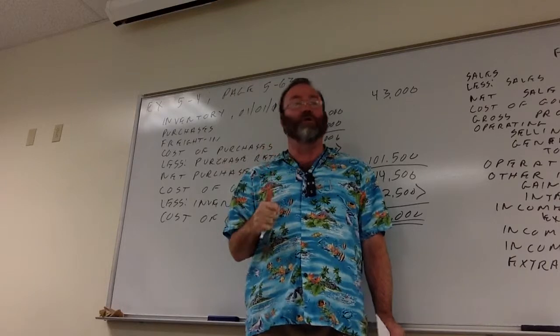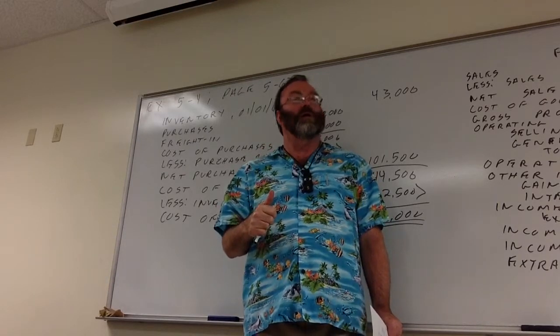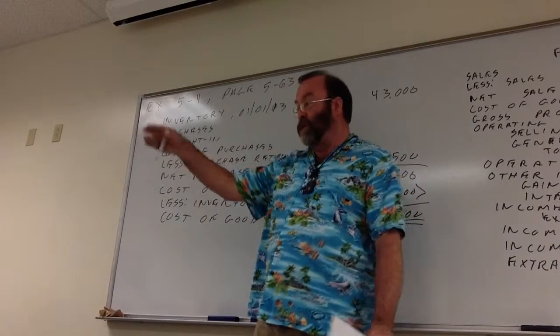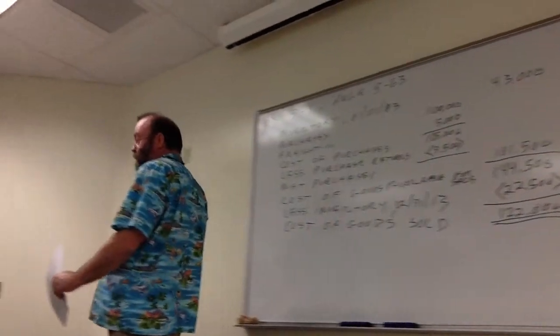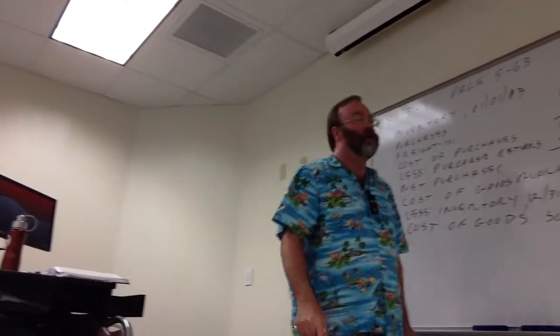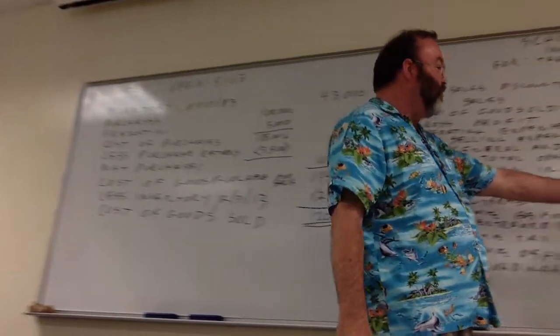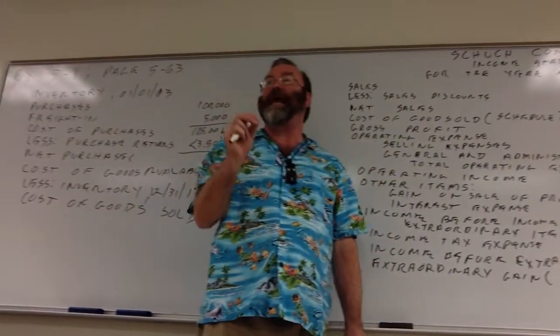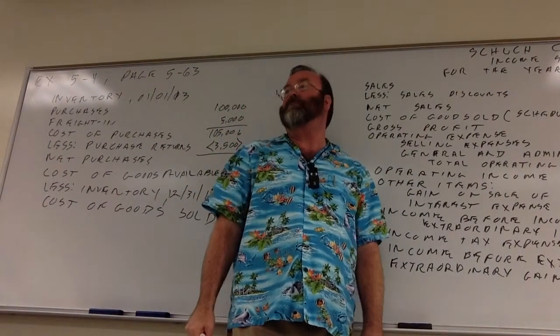So they have to be unusual in nature, and they have to occur infrequently. So this problem told us that it's an extraordinary item, and so it just says extraordinary gain pre-tax $23,000. But this $50,400 income before extraordinary items is now post-tax.